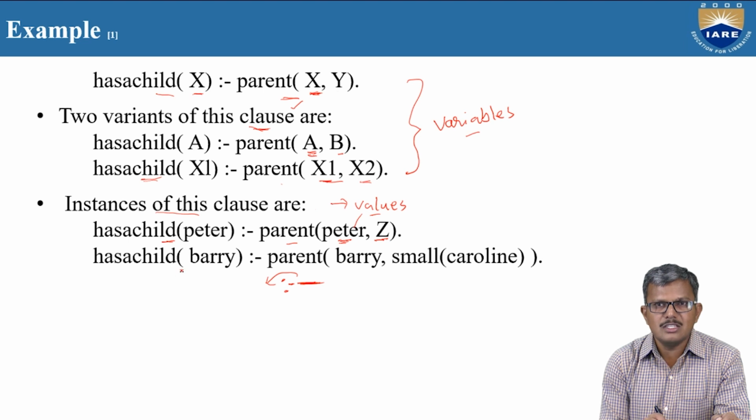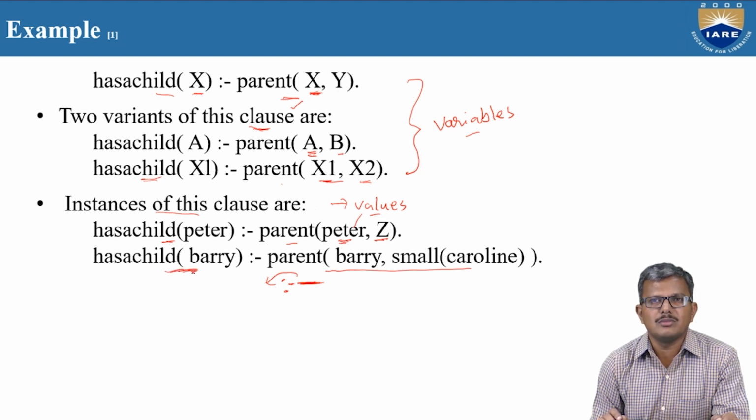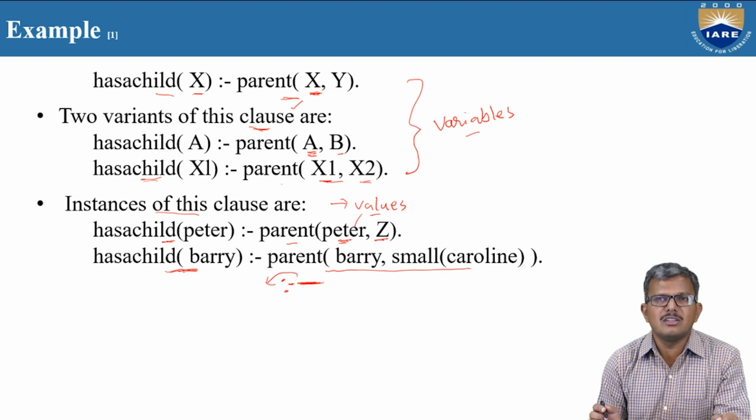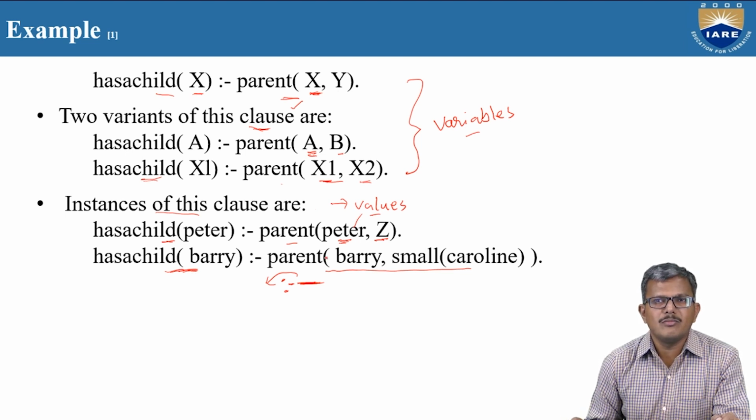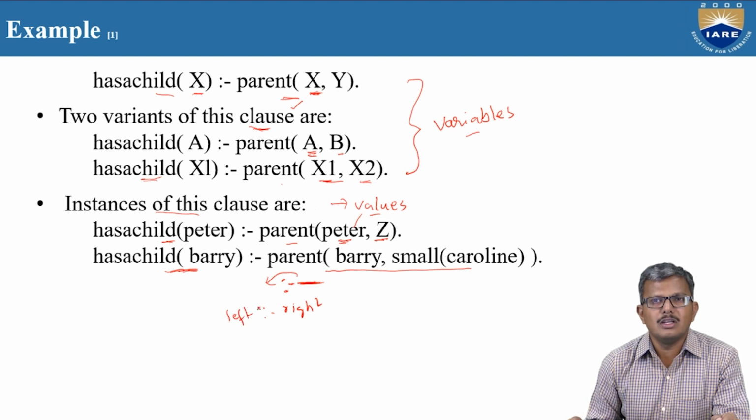Has a child, Barry has a child: in order to prove this one, first of all I need to prove this, then later on I can go for this one. So it is from right hand side to left hand side.